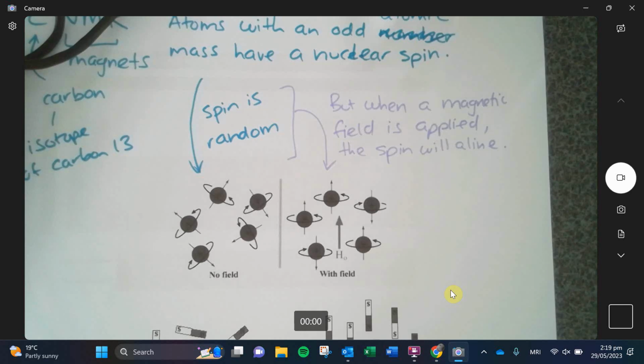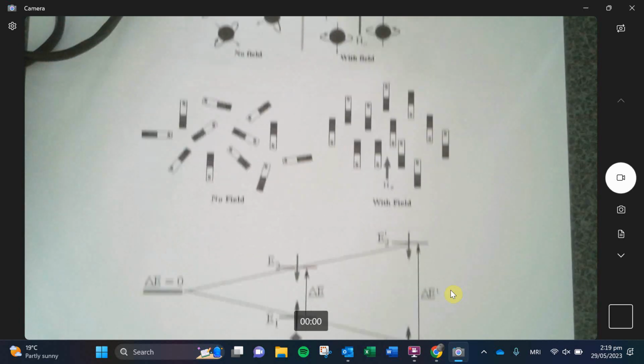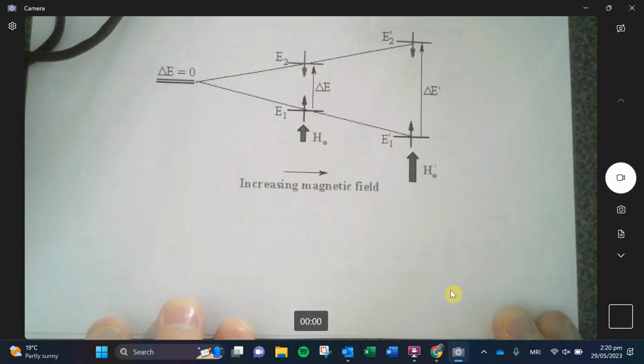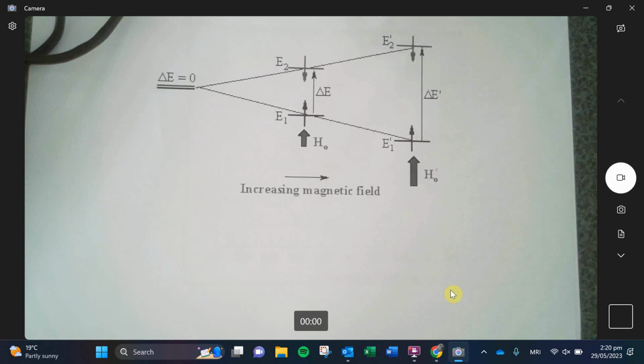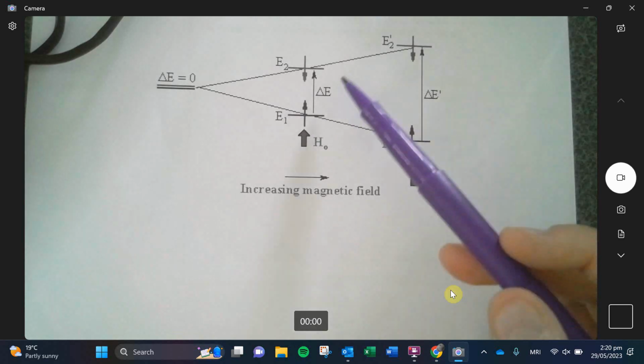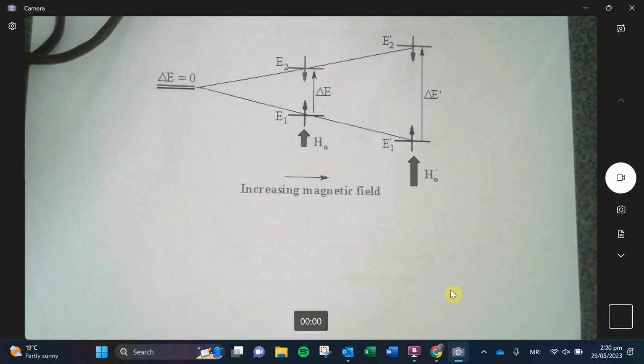All right, keep going. The next thing we think about is this bit of data here. What this is trying to show you is how much energy is required from that magnet to flip the direction of the spin.